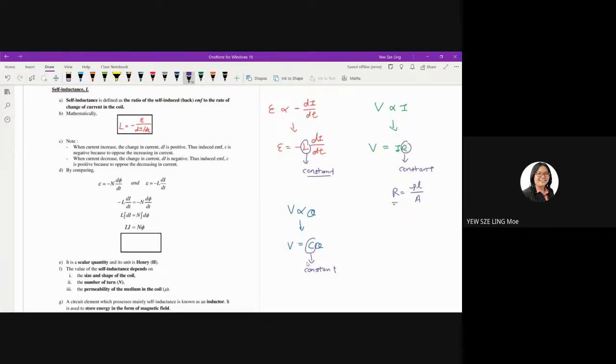For capacitance, we have C equals epsilon naught A over d, which depends on the dielectric material, the area of the plate or the distance between the plates, which is also a form of physical structure.